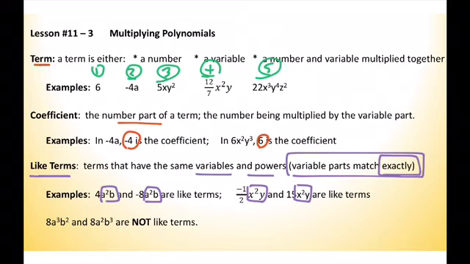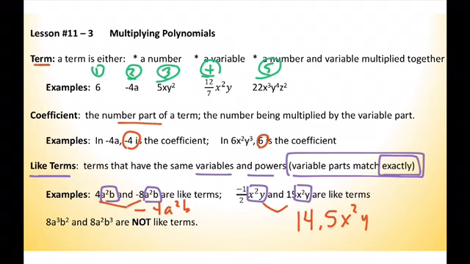Okay, so on this one, if I had 4 minus 8 or 4 plus negative 8, it would be negative 4a squared b. The variable part doesn't change when you're adding or subtracting. On this one, if I was going to add, I would have 14.5 x squared y, because negative 1/2 plus 15.